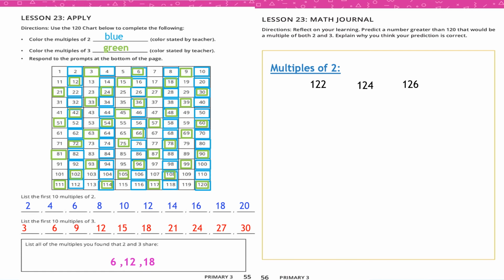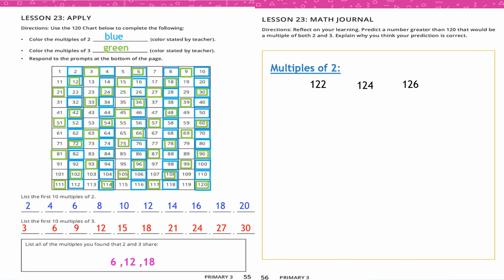No. So 122 is not shared between multiples of 2 and multiples of 3. 124, it's a multiple of 2. Let's add its digits. 1 plus 2, 3. 3 plus 4, 7. Does 7 exist in products of table 3?